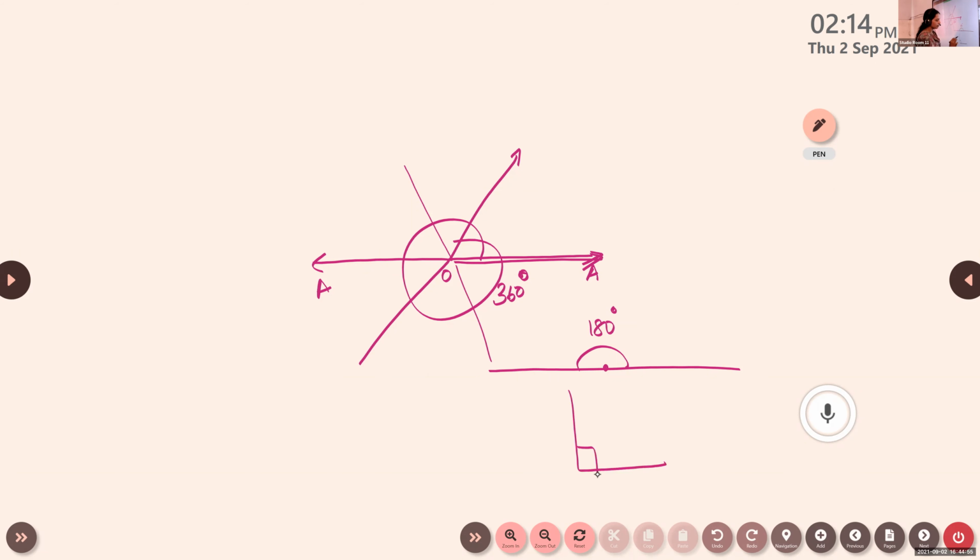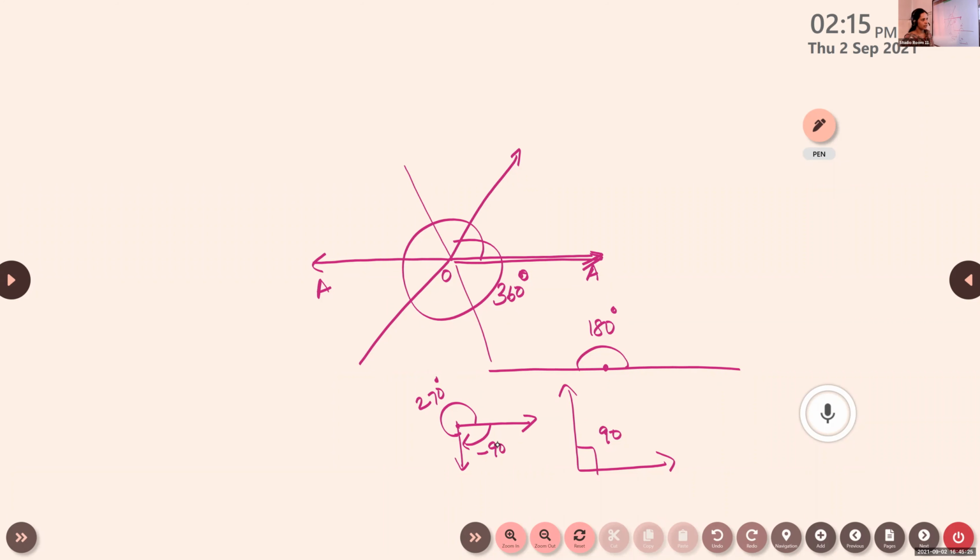Right angle means 90 degrees. If the ray is like this, when we measure it, it will become 270 degrees. Or if you take it in reverse, clockwise, it will be minus 90.